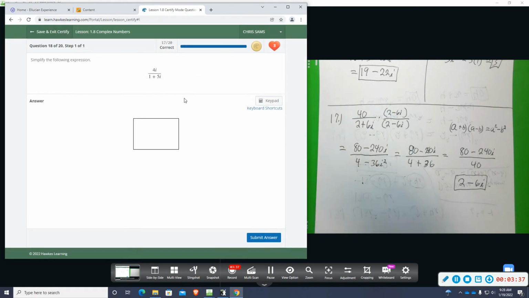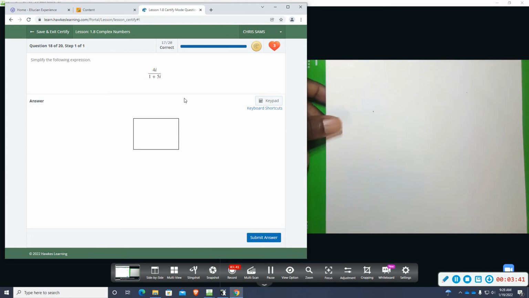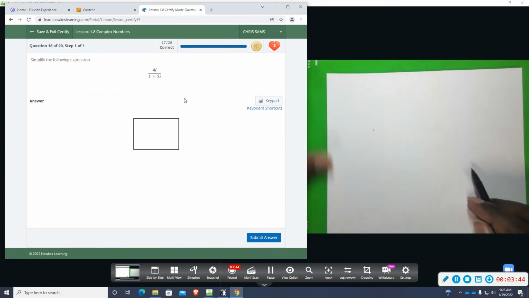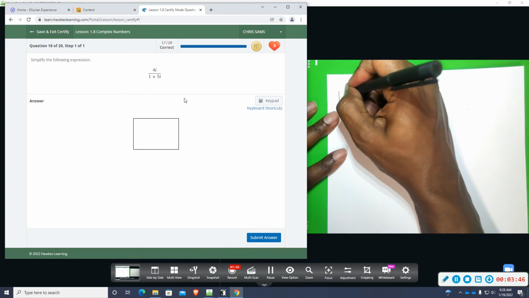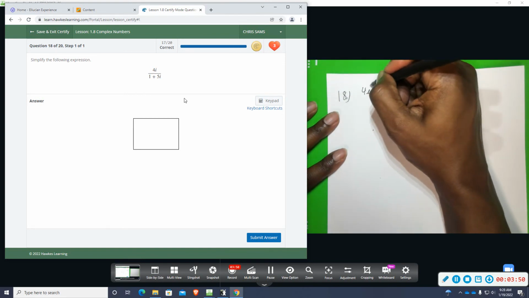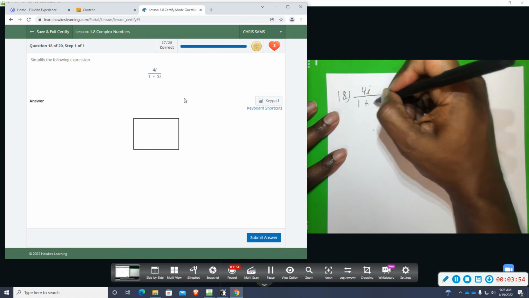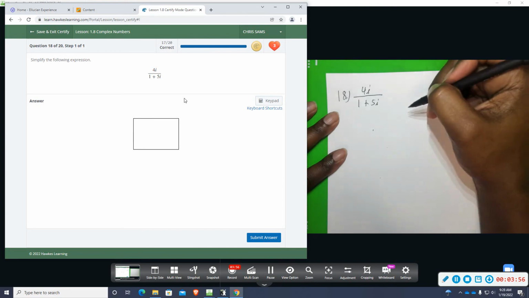So we're going to do the same thing with number 18. We have 4i over 1 plus 5i.